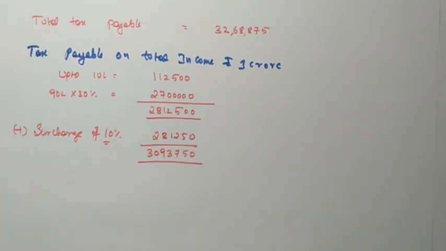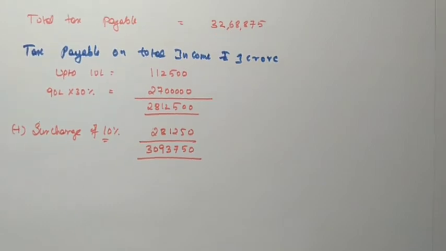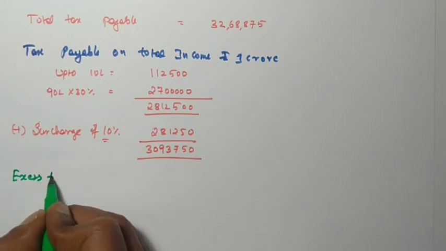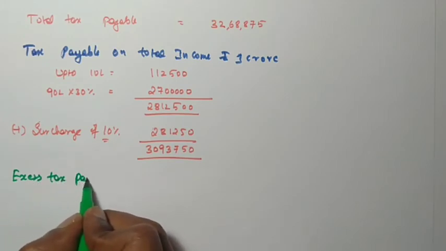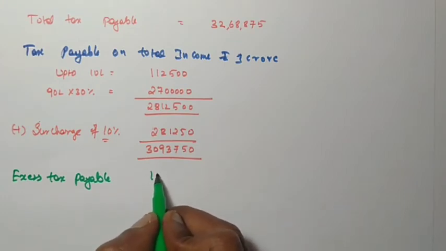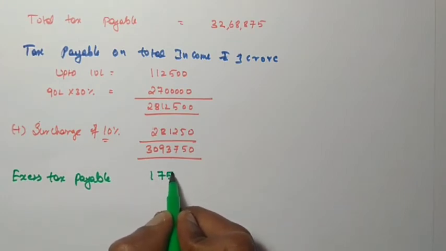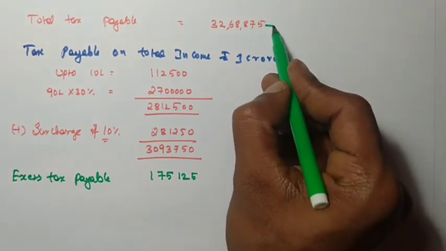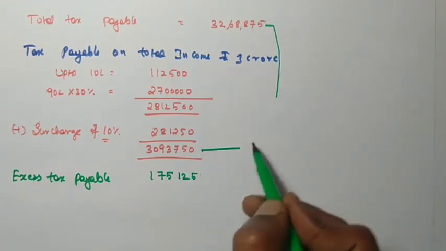So what is the excess tax payable? Excess tax payable is rupees 1,75,125. That is this minus this.